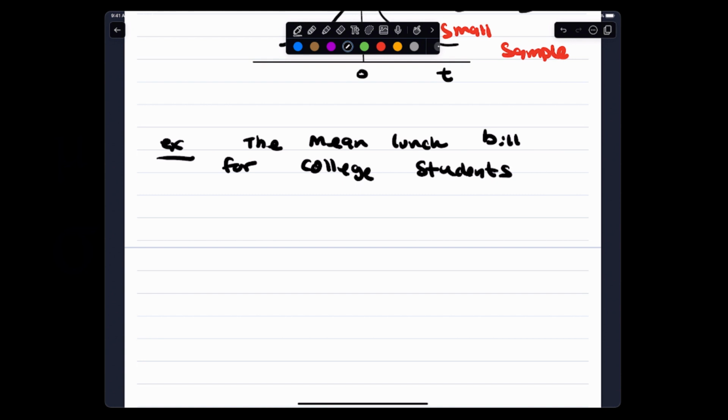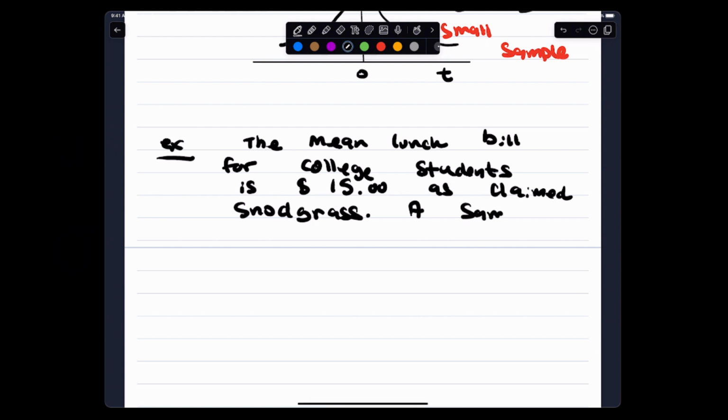So the mean lunch bill for college students, we're going to say is $15, as claimed by good old Snodgrass.